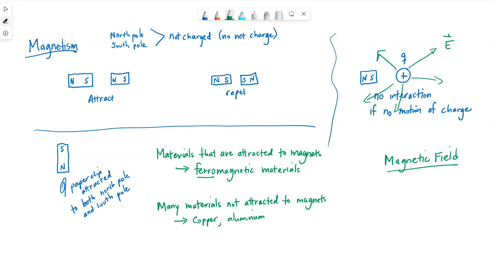The electric field was a way of describing how a charge influenced the region of space around it, and in turn could exert a force on another nearby charge. So similarly, with magnets, we talk about a magnetic field. That magnetic field can exert a force on ferromagnetic materials or other magnets that also have a magnetic field.